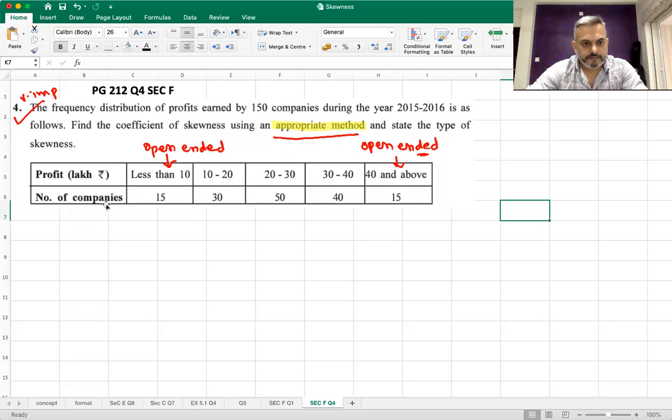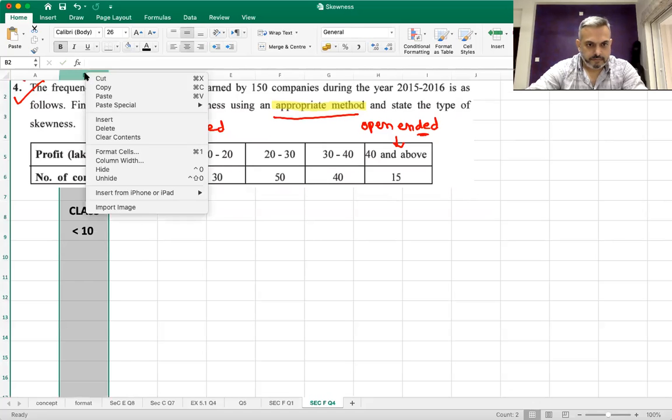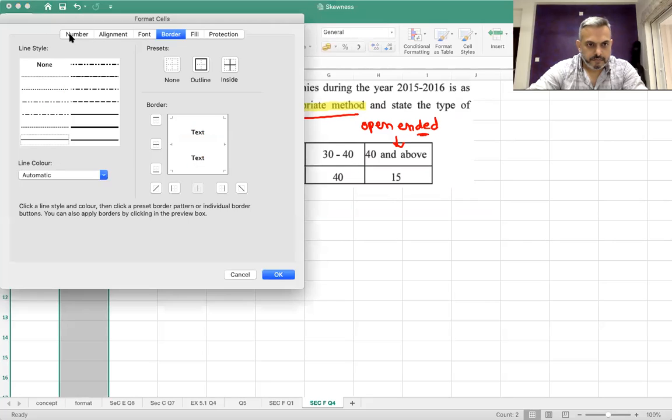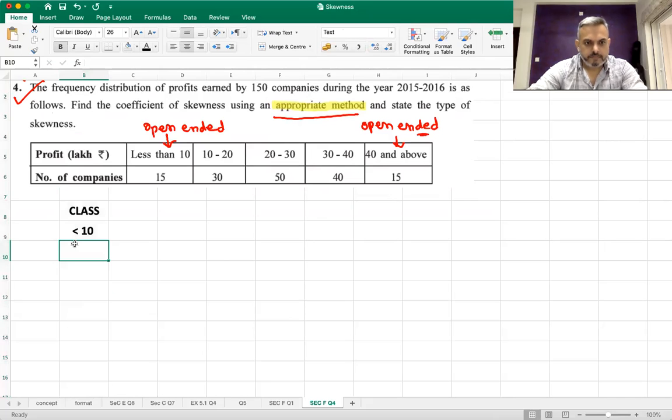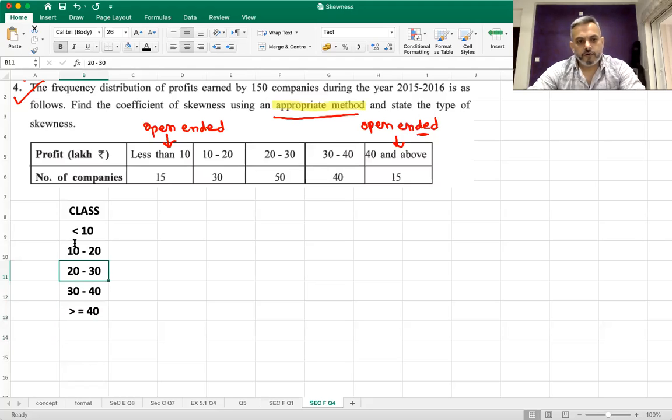Now, let's write the question. Class: less than 10, 10 to 20, 20 to 30, 30 to 40, and 40 and above.